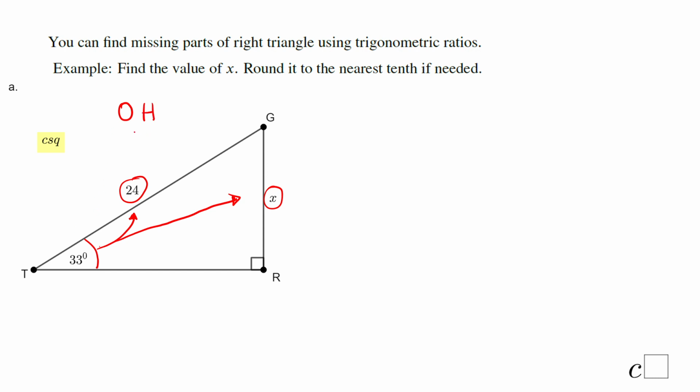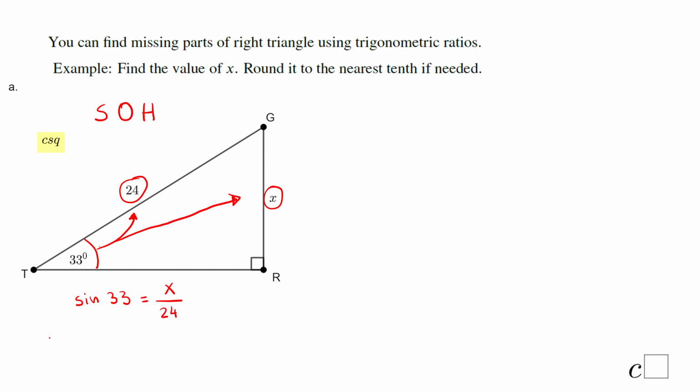Which trigonometric ratio works with opposite and hypotenuse? That will be sine. So I'm going to use here sine of angle T, which is 33 degrees, equals opposite, which is x, over hypotenuse, which is 24.